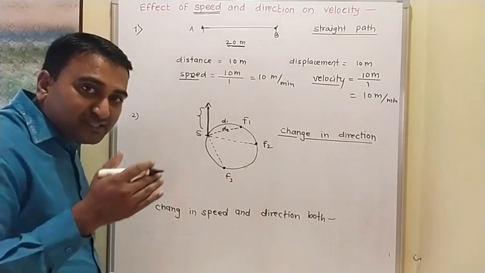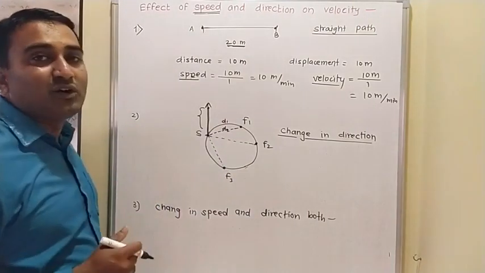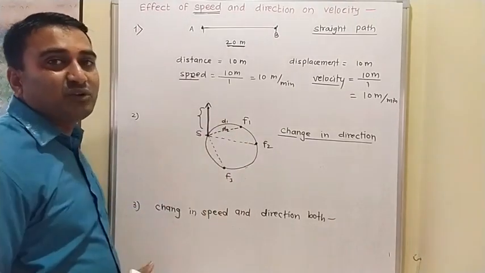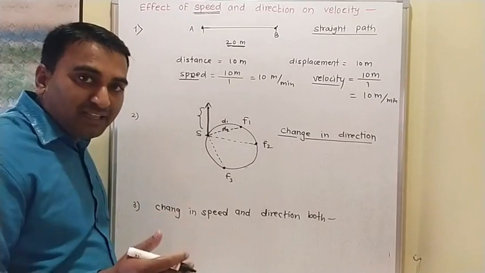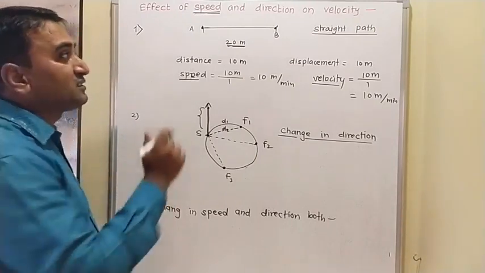As displacement decreases, definitely velocity decreases. Though the speed is more, or the distance covered is more, velocity becomes less, because the displacement is less. So what have we discussed in the first part?